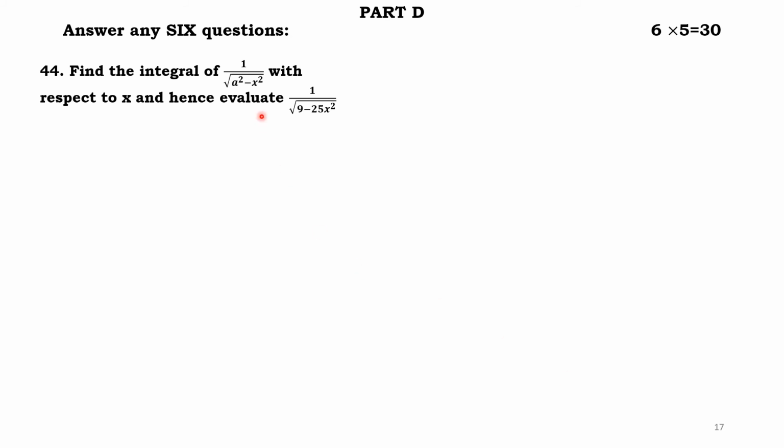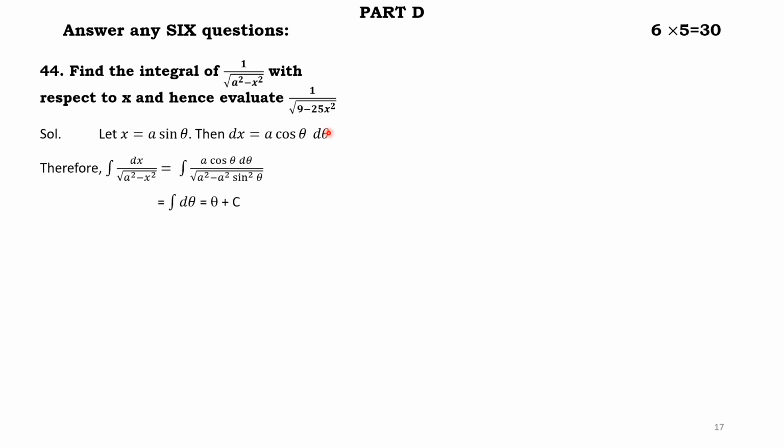Find the integral of 1 over a square minus x square with respect to x, and hence evaluate the integral of 1 over 9 minus 25x square. This is a standard derivation. It has been worked out as an integral in the chapter number 7, please go through it. And you find the values as explained.